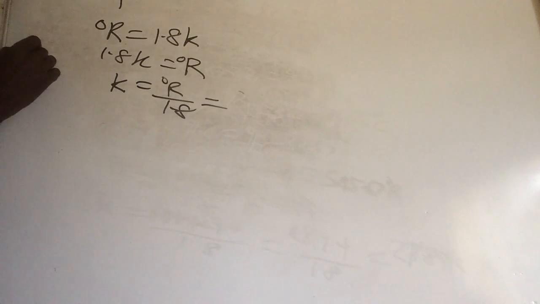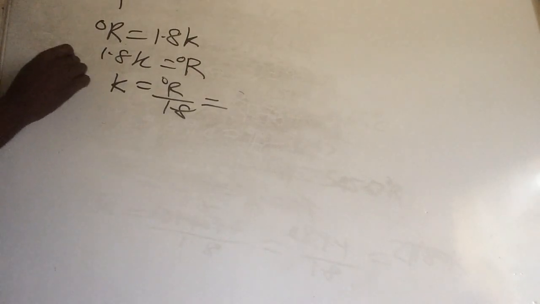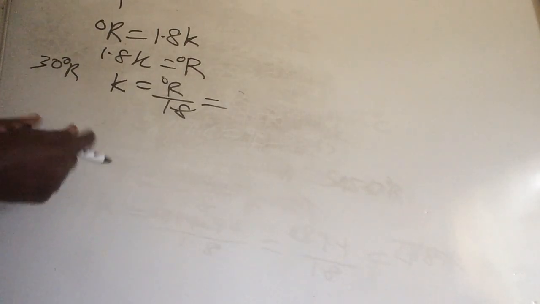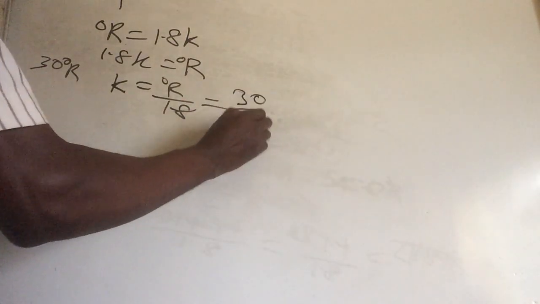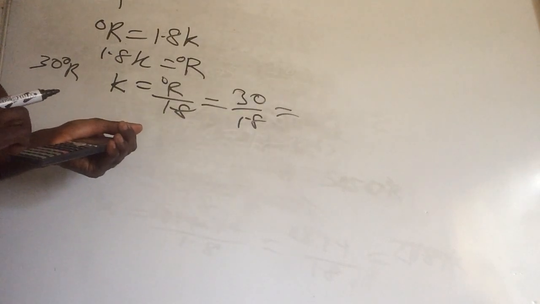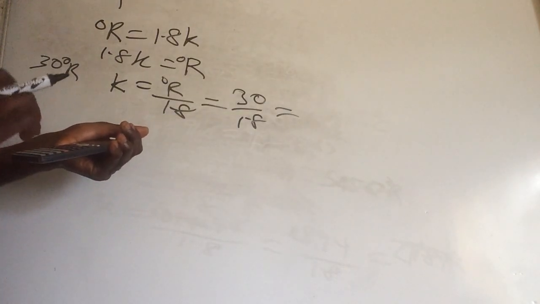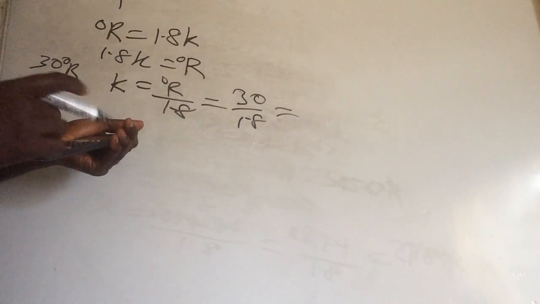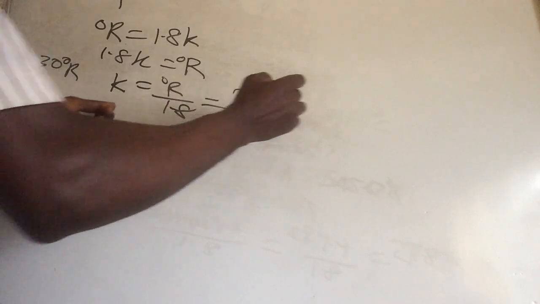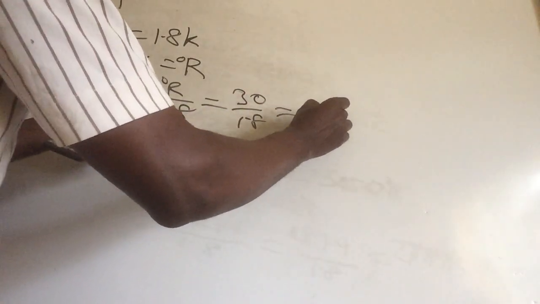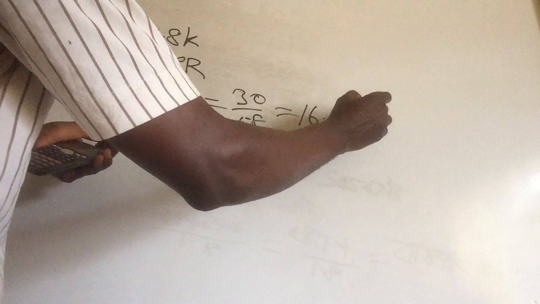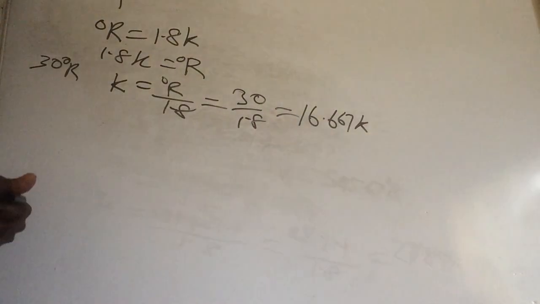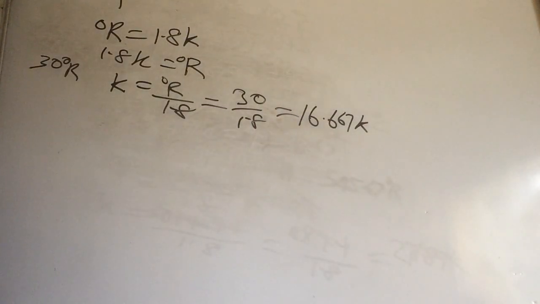So if you have 30 degrees Rankine, you put 30 all over 1.8, which is 30 divided by 1.8 to give 16.667 Kelvin. So that is how we can convert it.